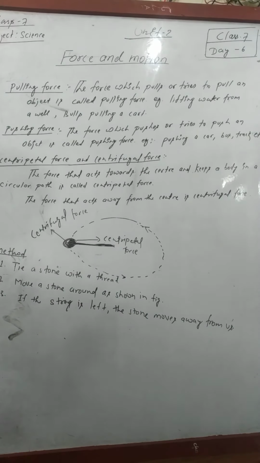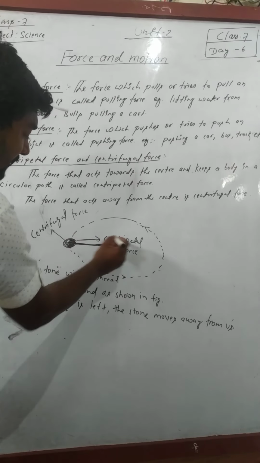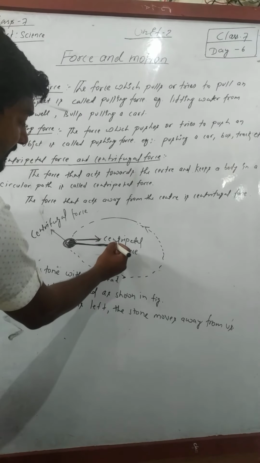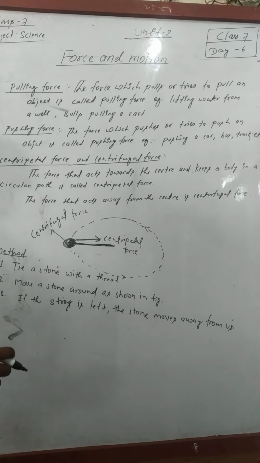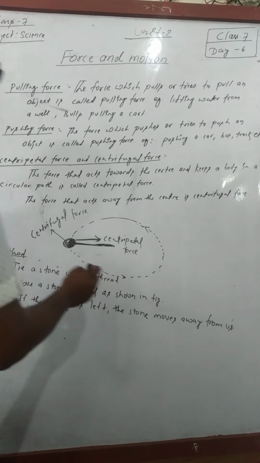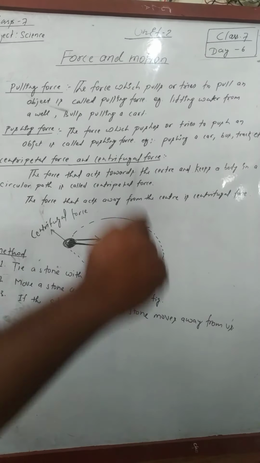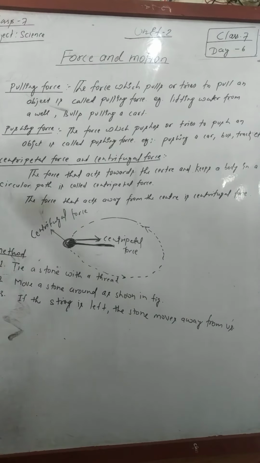The force which acts toward the center, I have made the arrow here, acting toward the center, is called centripetal force. When we leave the thread, the stone moves away, and I have made the arrow here for centrifugal force. Are you clear?